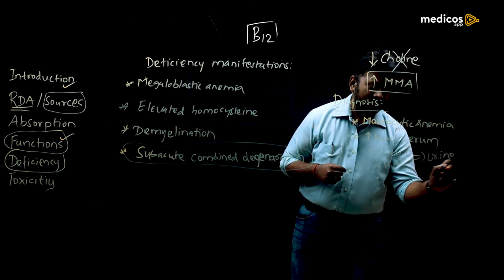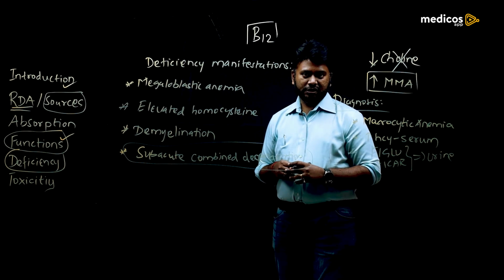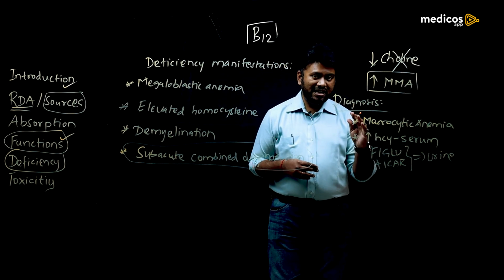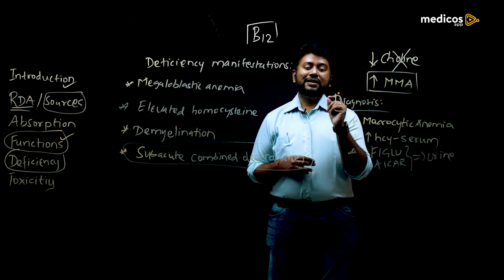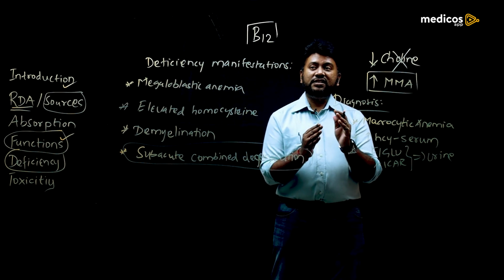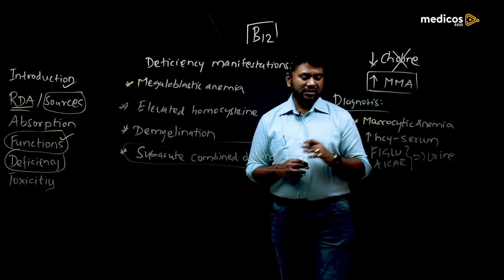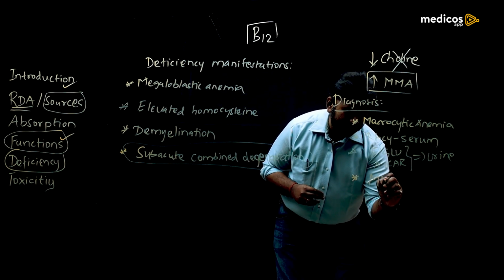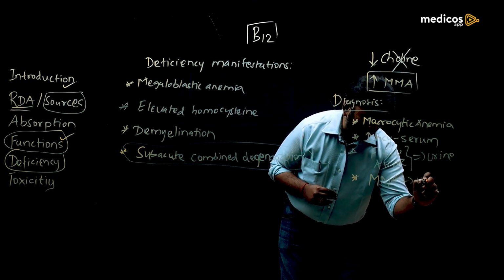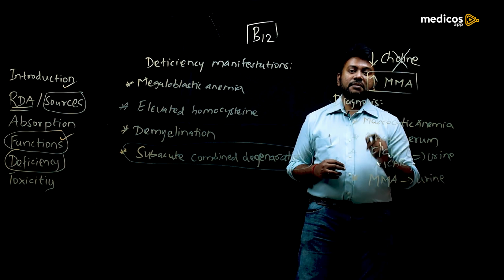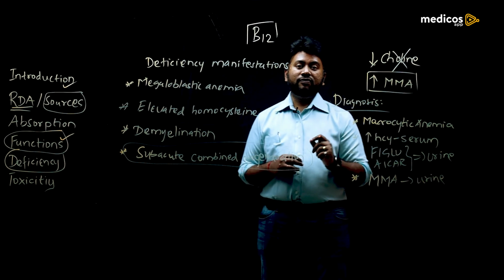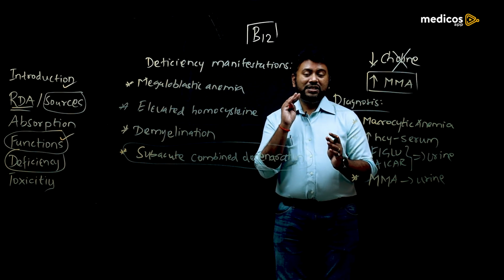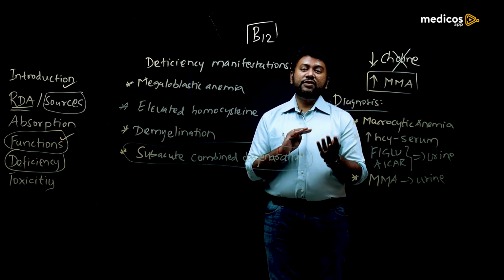Okay, so all these are actually part of folic acid deficiency. But along with these findings, one more important characteristic finding which differentiates B12 from folic acid deficiency is increased excretion of methylmalonic acid in urine, which is otherwise called methylmalonic aciduria. That is one of the characteristic features which differentiates B12 deficiency from folic acid deficiency.